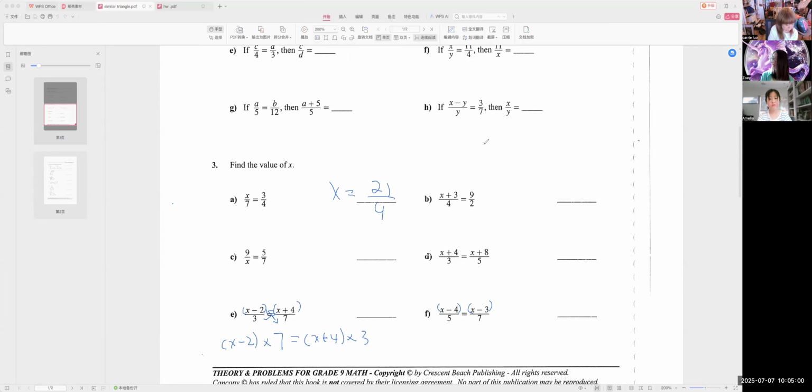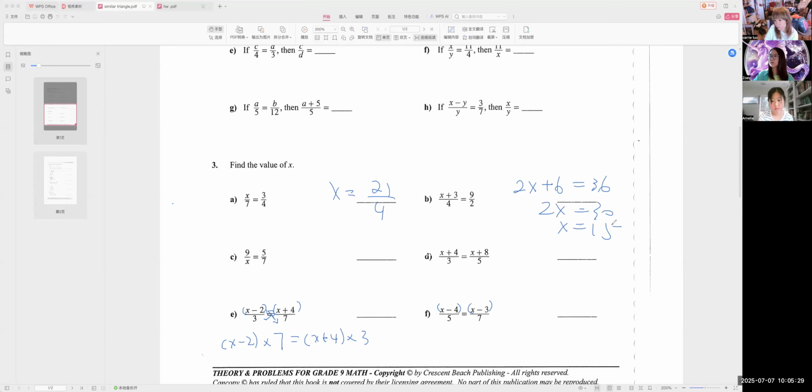For x, I'm pretty sure I got x equals 15. So it's 2x plus 6 equals 36. So 2x equals 30. So x equals 15.